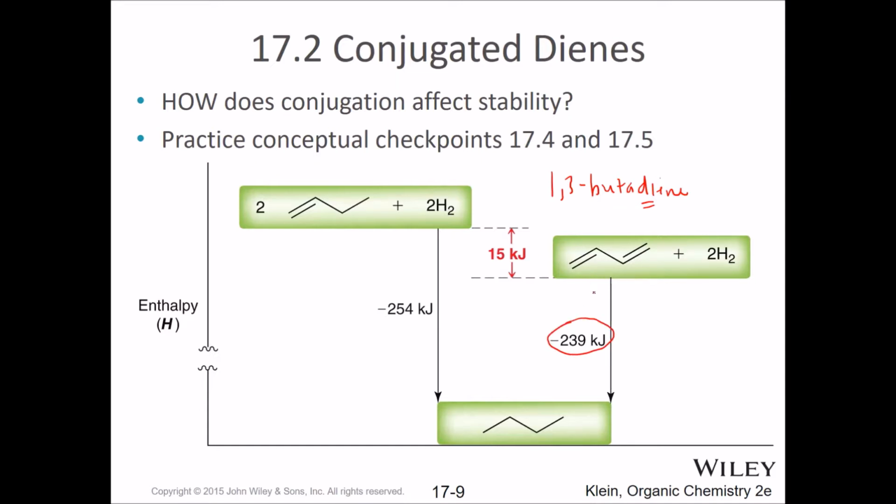I only get 239 kilojoules. Why is that? Because this starts out with less potential energy. In other words, it's more stable.